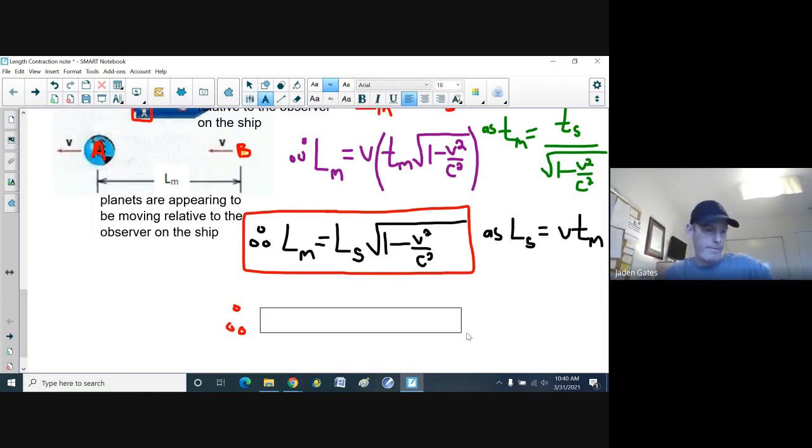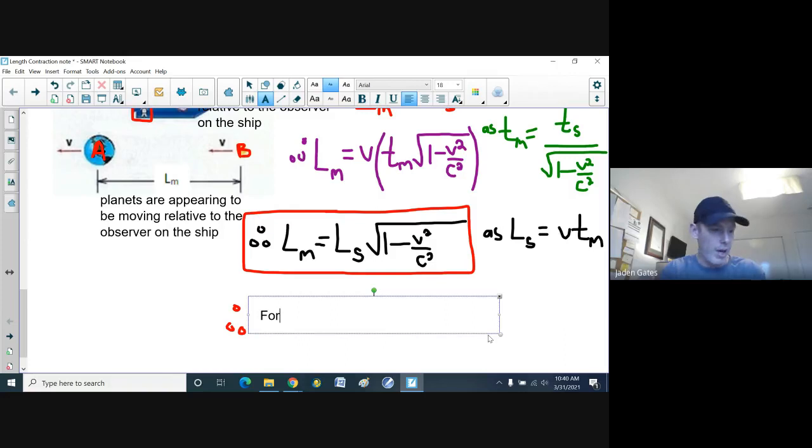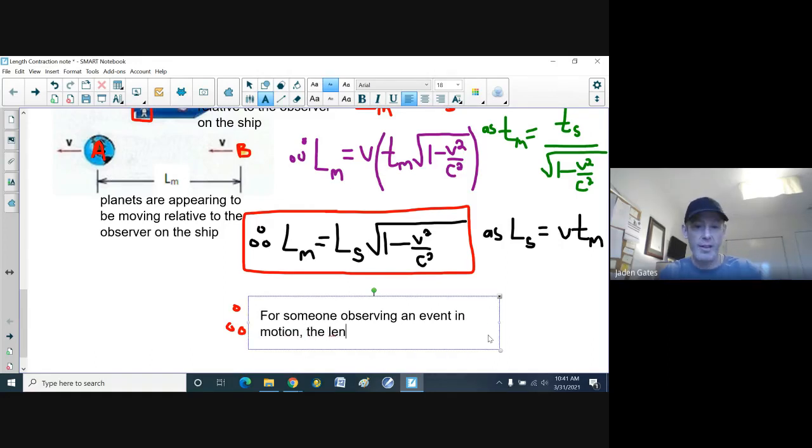Is that for someone observing the length, I guess, or an event in motion, the length seems shorter because the object, well, is moving. Let's just go with that. So for someone observing an event in motion, the length seems shorter. All right, so how does that play out?